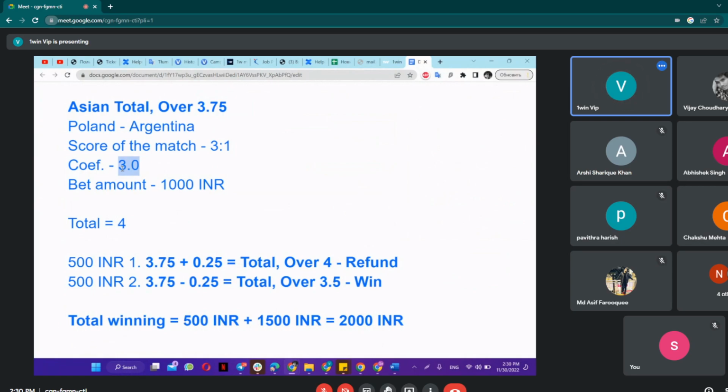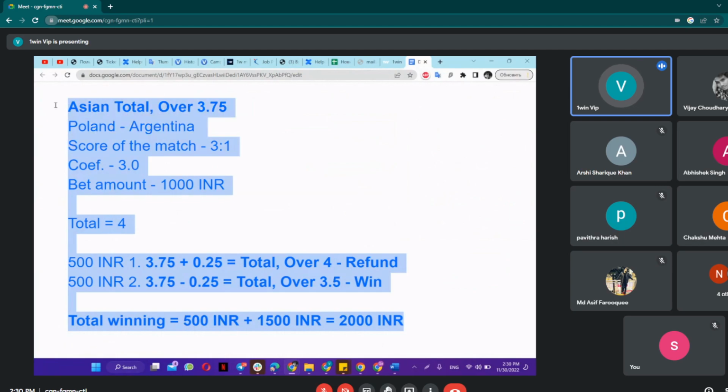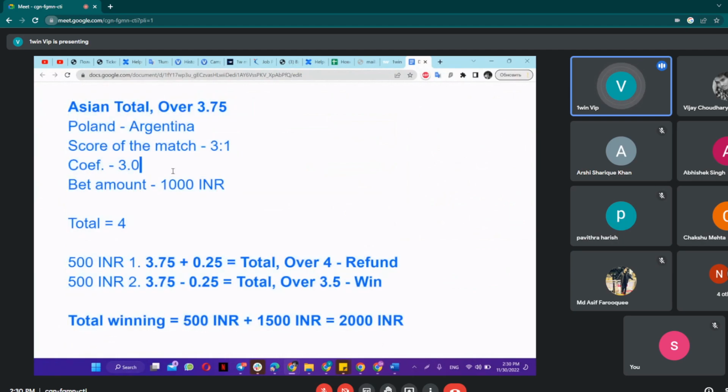Okay, I got your point. The only thing I can do is explain how Asian total works, because the Asian total has two bets in it and a slightly different way of calculating. Clients cannot see all of these calculations; they are for you to explain.